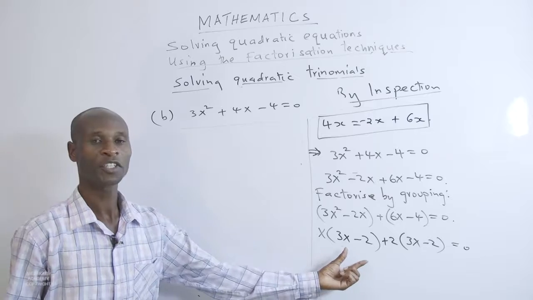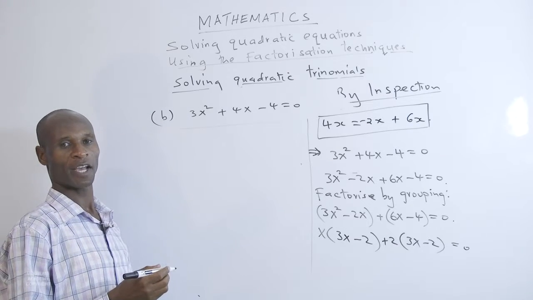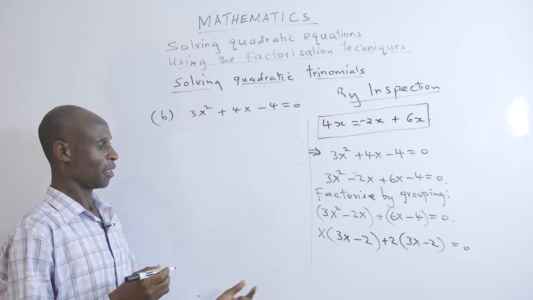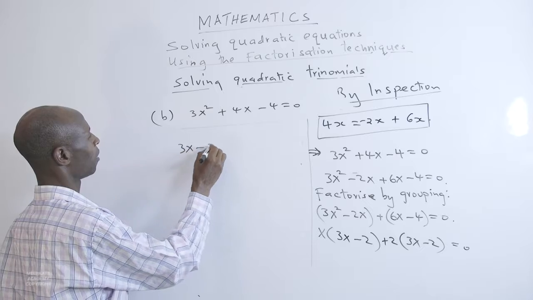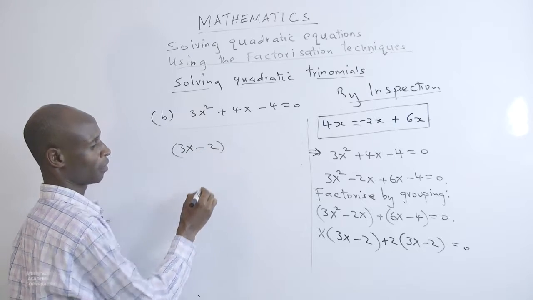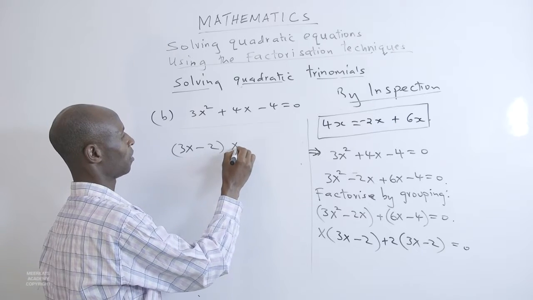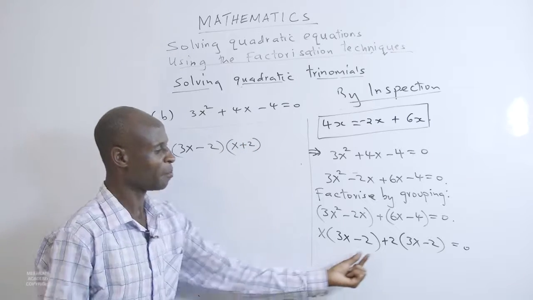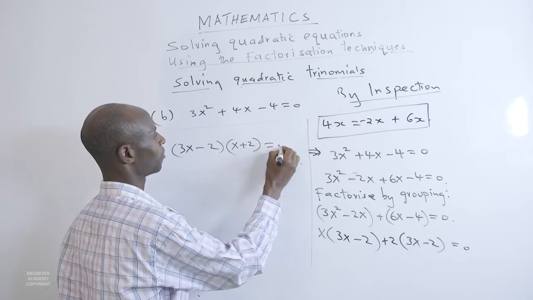So at that point, we write the repeated factor. What is the repeated factor in this case? The repeated factor is 3x minus 2. And the other factor is x plus 2. Remember, you must move with the sign that is there, is equal to 0.